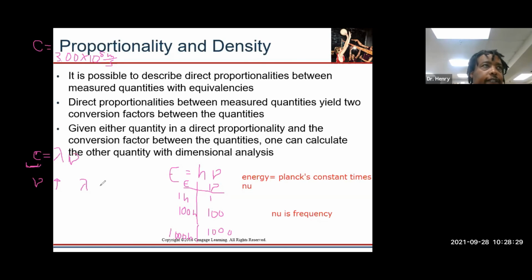Well, let's put some values in here, right? Since we know that C is going to be 3.00 times 10 to the 8th, we're going to go ahead and use that one. So we'll say nu is 10 to the 8th. So then what must be lambda if nu is 10 to the 8th?